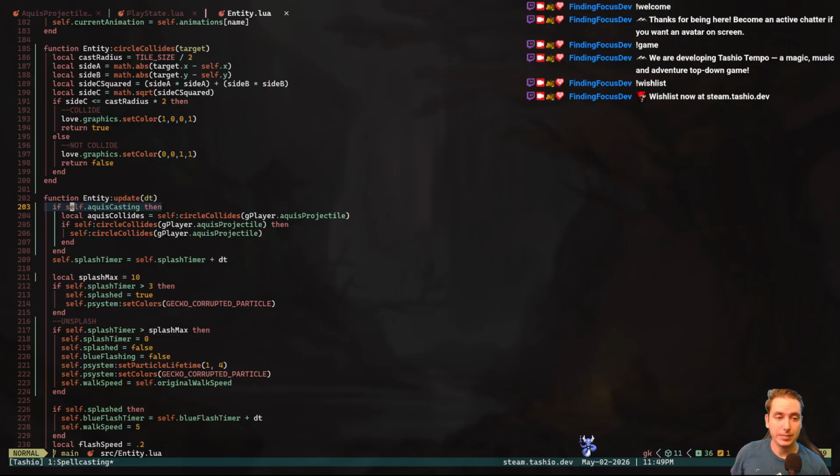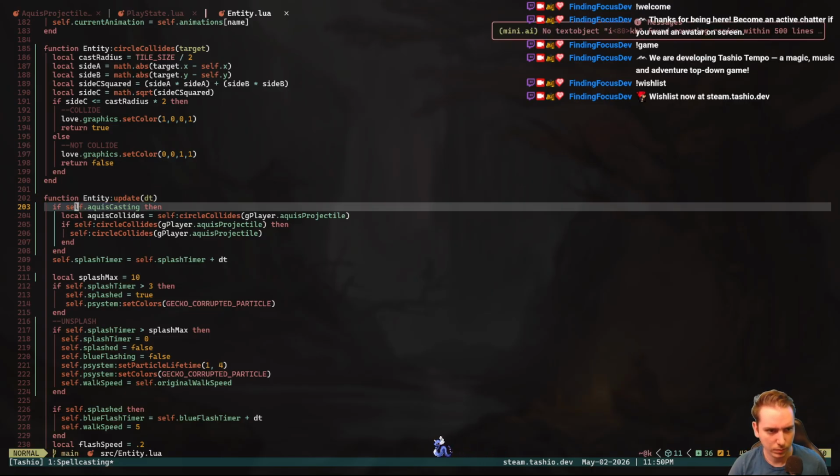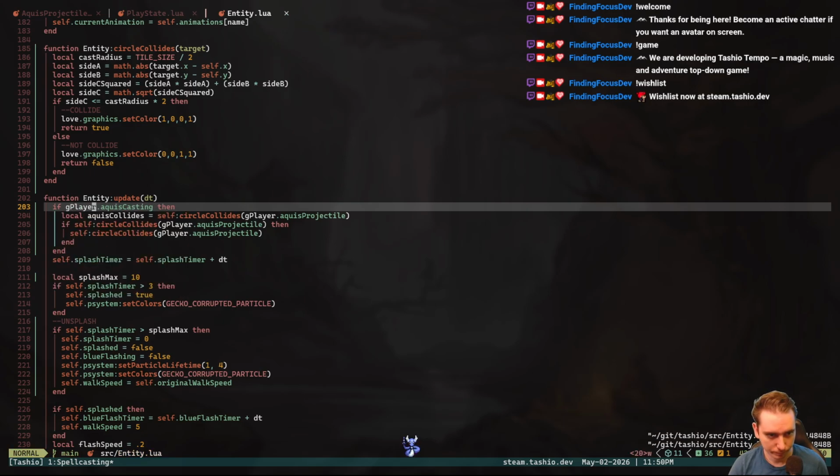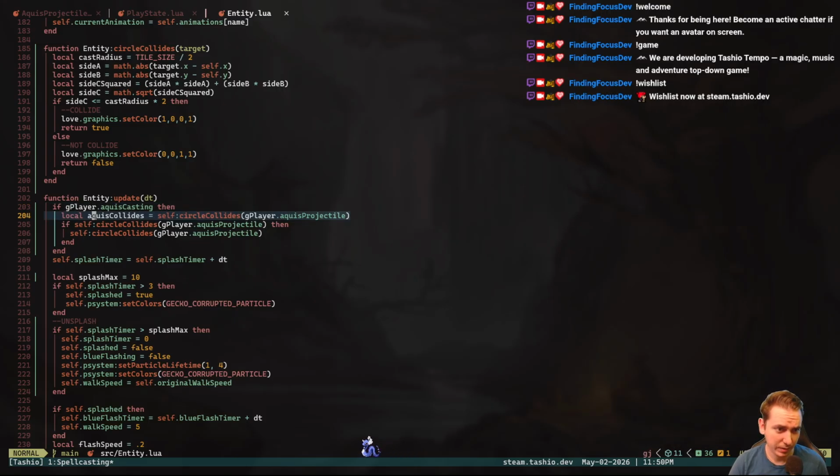Now this is in the entity class, so this is for a potential bat or gecko. Say, okay, well, we're aqueous casting, which is part of the global player. If we're casting, we're going to check for a collision. So we actually invoke this function here, store the result in aqueous collides.